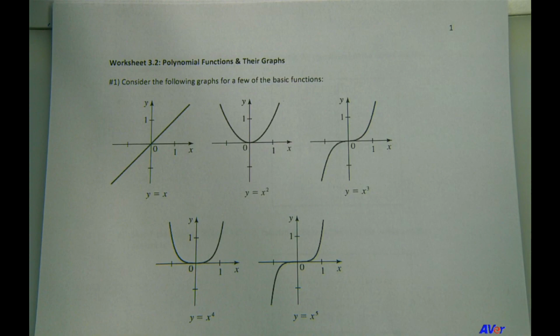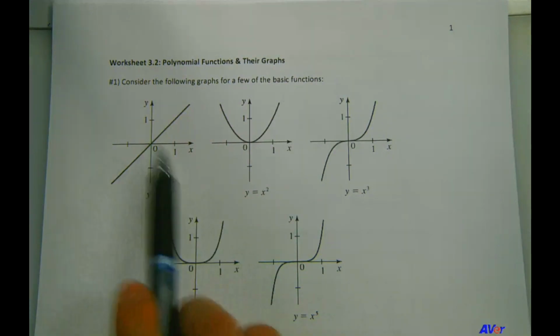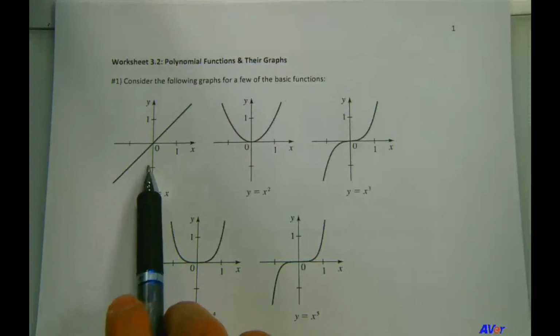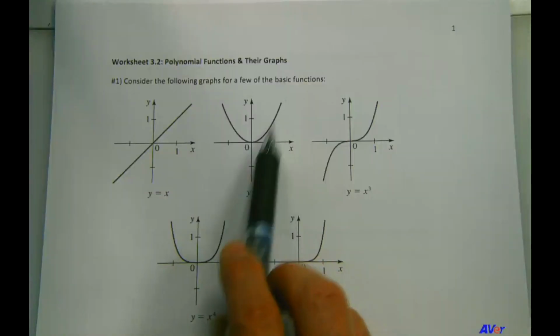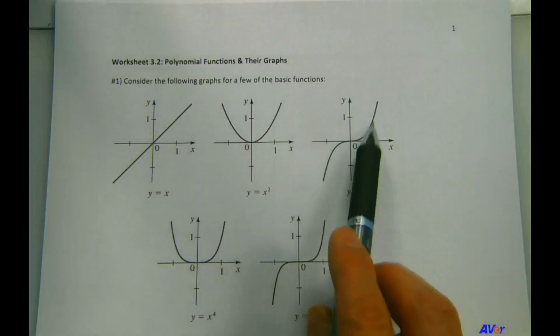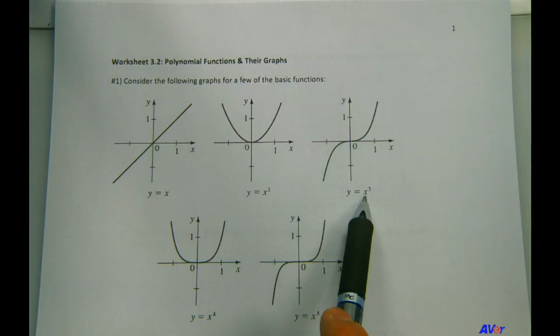So with these basic curves we've been talking about, for example, this is just a linear straight line. This is a graph of a quadratic equation. This is the graph of the cubic function.